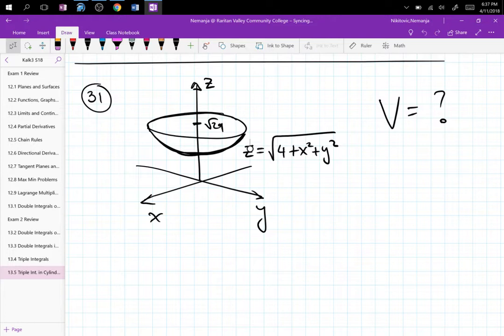But first what I'm going to do is shine the light from the top. When I shine the light from the top, it creates a shadow over here, and this shadow is the domain.